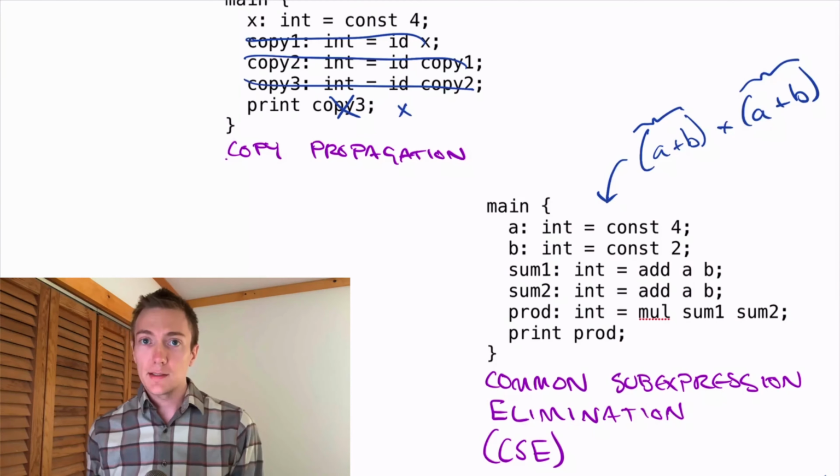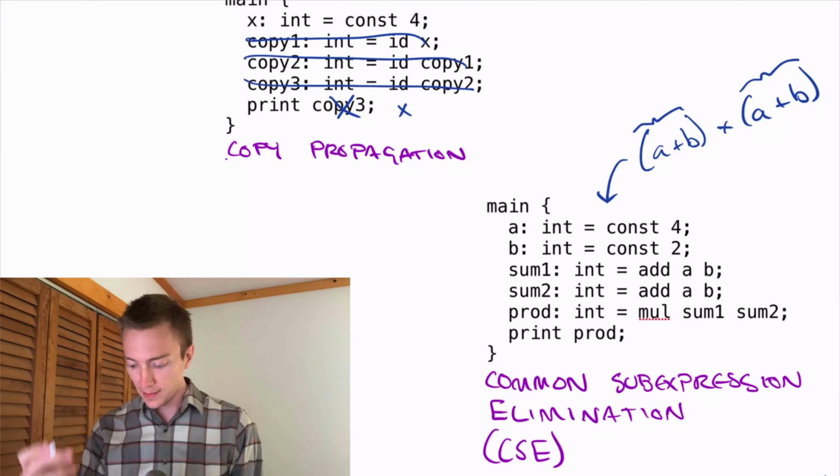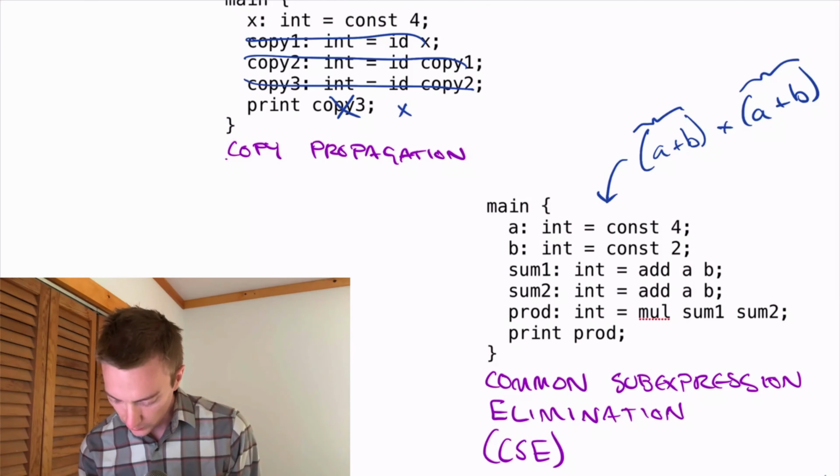And a better thing to do is just to do that addition once and then return the multiplication of that thing by itself. So we shouldn't need to do this sum 2, but of course that variable is still referenced here. But if we were to just replace it with sum 1, then we'd get the same answer. That's common subexpression elimination, sometimes just abbreviated to CSE.